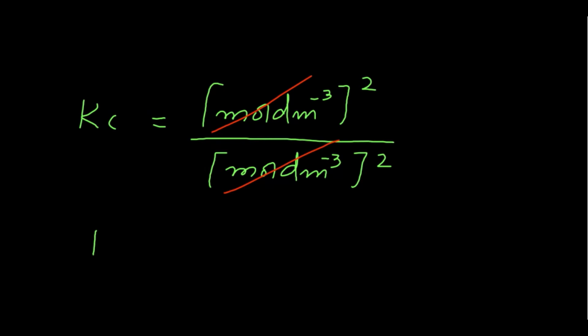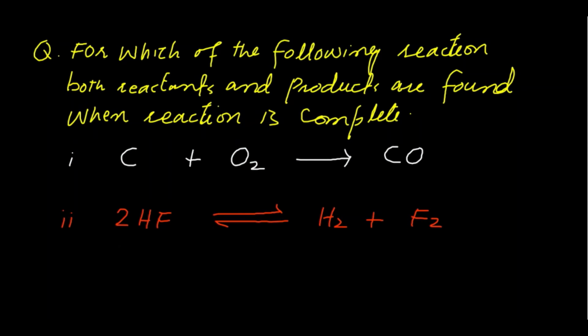There is no unit for Kc since the number of moles of reactants and products are equal in a balanced equation. That's why Kc has no unit for this reaction. I hope this is clear to you, students. Now we will see what is the next question, students.